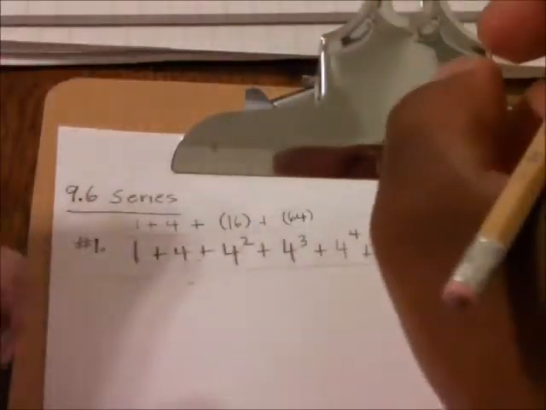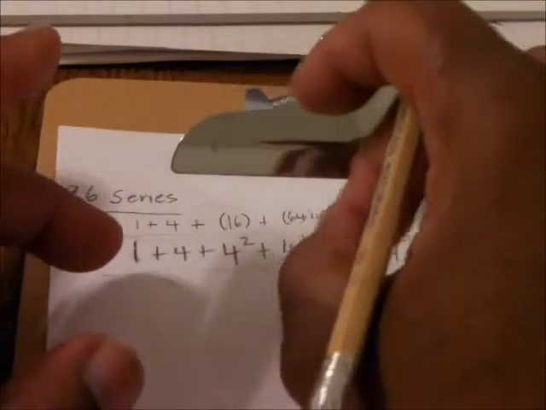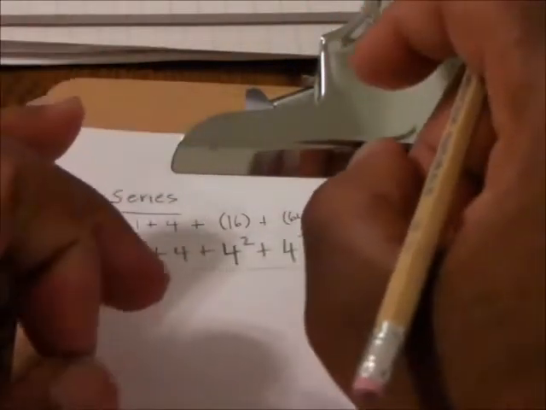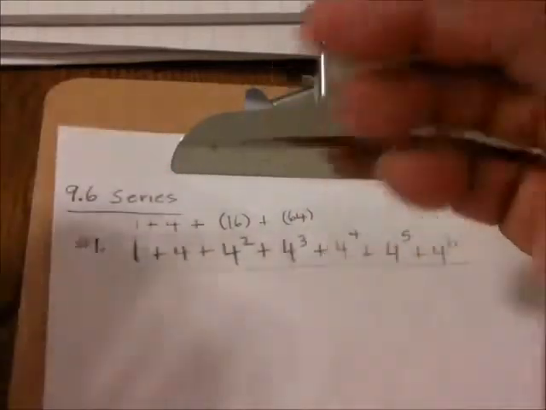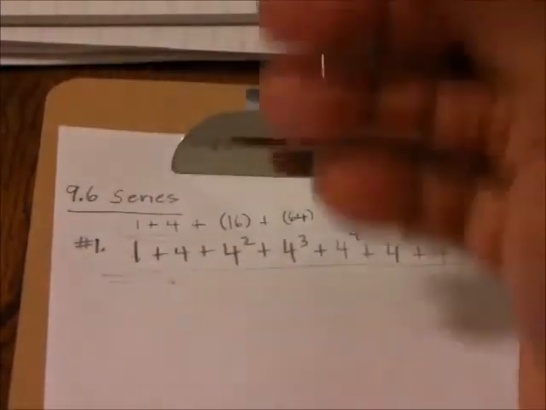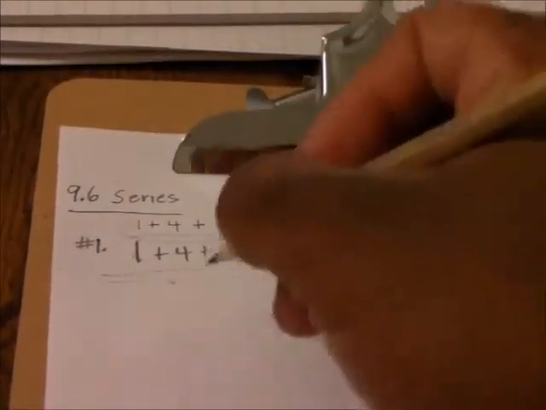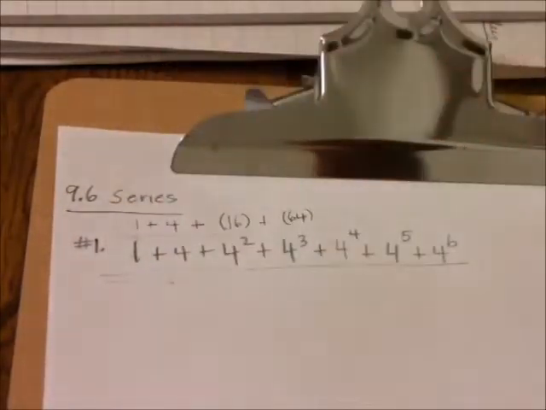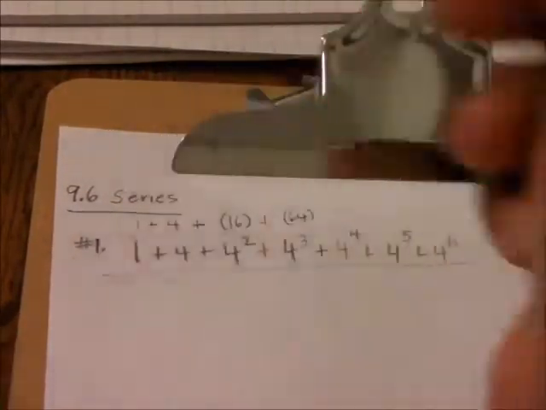Using the exponent form is a little easier, because the problems you're going to do in the book will express exponent form, at least some of them. Regardless, you'll still be able to do the same thing, using this to find the sum of a series. So let's get started.